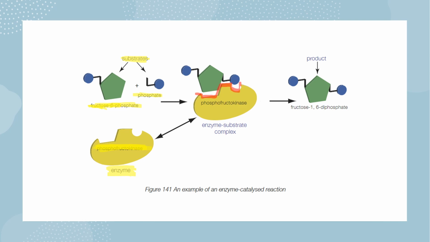That is where the specificity comes into play. So remember, each enzyme is specific to its substrate. And we can see that we end up with our new product, sorry, fructose 1,6-bisphosphate. This could be a final product if this was a one-step metabolic pathway, or this product could become the new substrate for the next step in the metabolic pathway, as you'll see in the next slide.